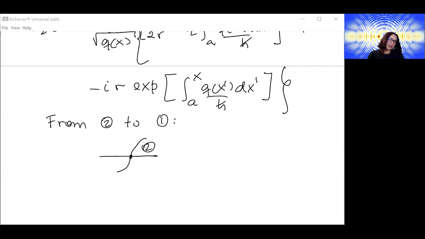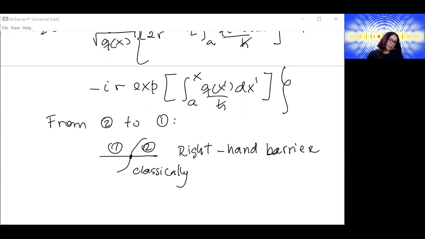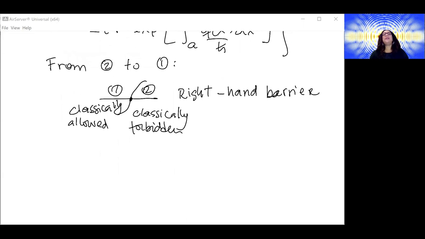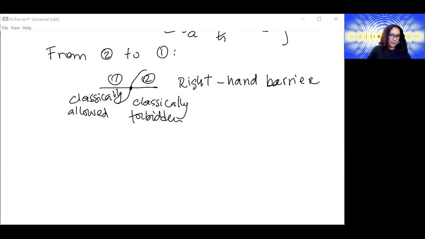So we have 2, we have 1, and this is a right-hand barrier, because here you have something that is classically forbidden, region 2 actually, and region 1 is classically allowed.